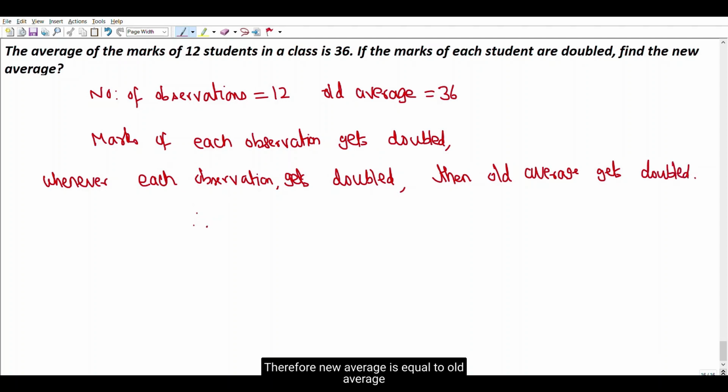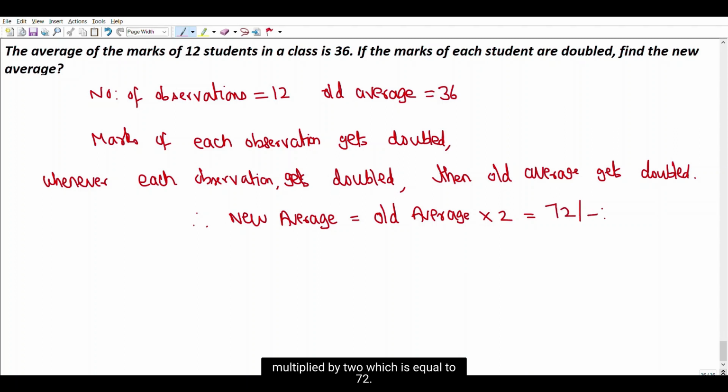Therefore, new average is equal to old average multiplied by 2, which is equal to 72. That is, whenever the observations get multiplied by m, the old average also gets multiplied by m. So this concept is similar to the cases of addition, subtraction and division also.